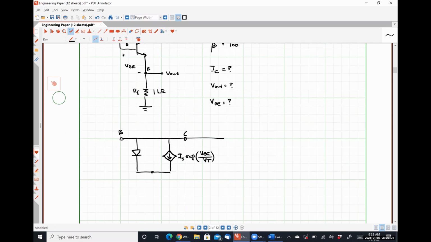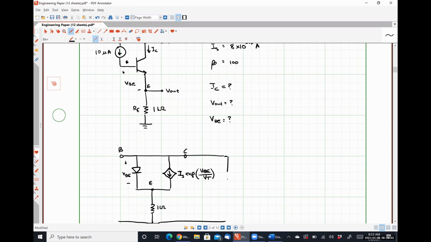Between my emitter and ground, I have that 1 kilo ohm resistor. And between the collector and ground, I have 2 volts.